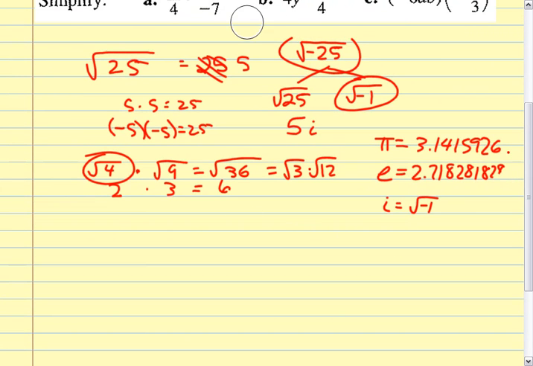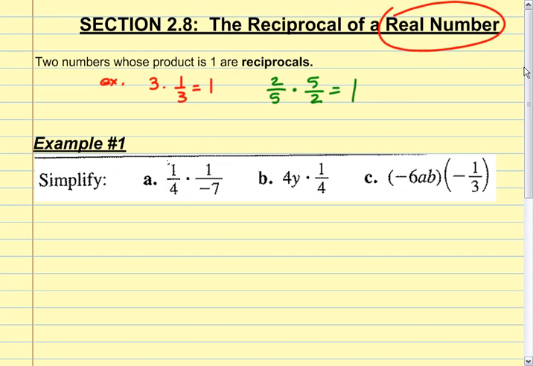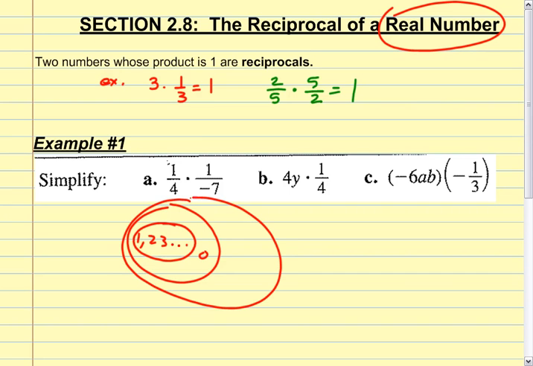Okay? So, when they say real numbers, we're talking about all numbers but negative square roots. Look, there are the counting numbers, 1, 2, 3, right? Those are the counting numbers. Then, outside the counting numbers, plus 0, those are the whole numbers. Then we've got the negative whole numbers as well.